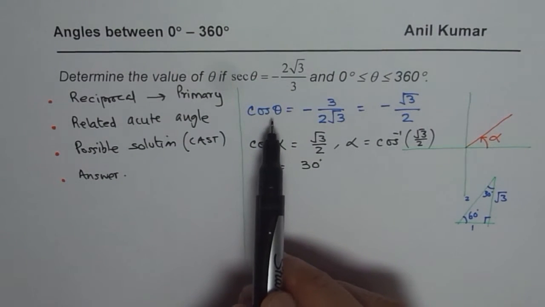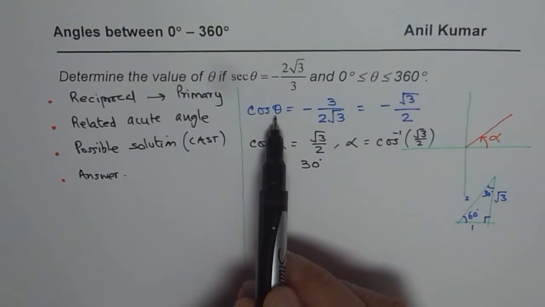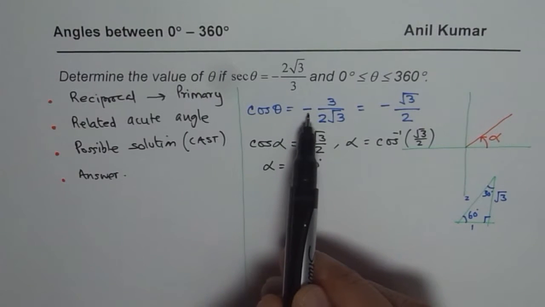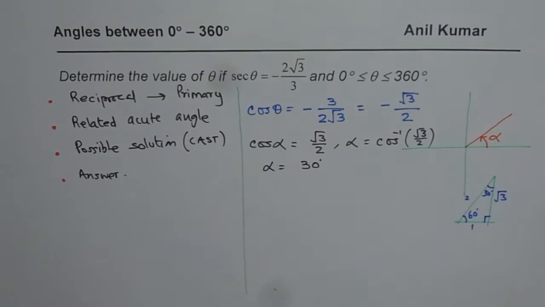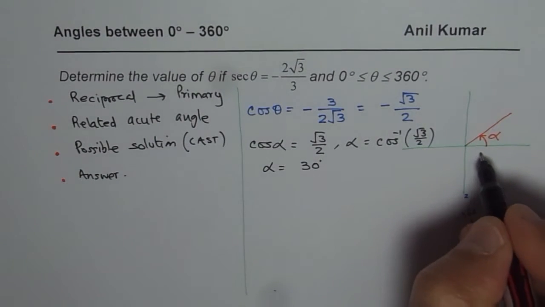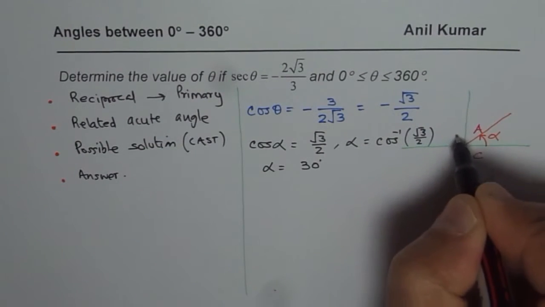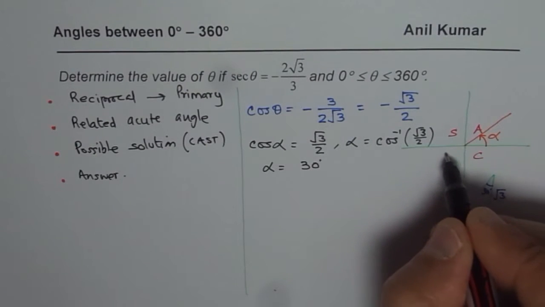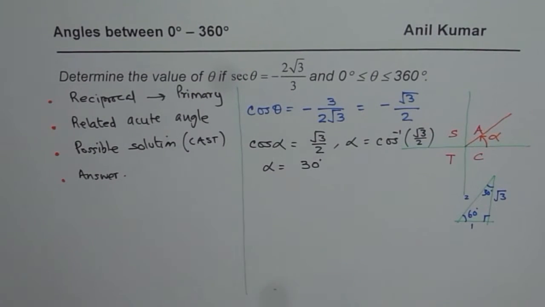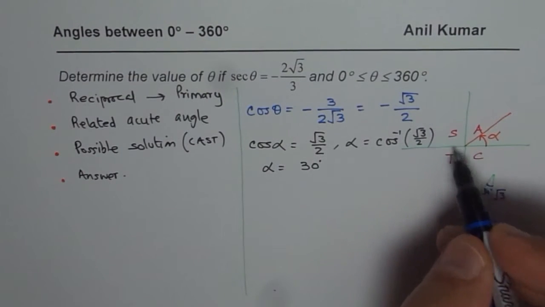Now we have to see the possible solutions for the principal angle theta. Since we need a negative value and as you know the CAST rule, cosine is positive in quadrant 4, all are positive in quadrant 1, sine in 2, tan in 3. A negative value for cosine means that you should be in quadrant 2 or 3.